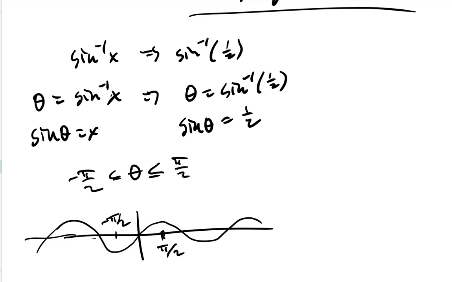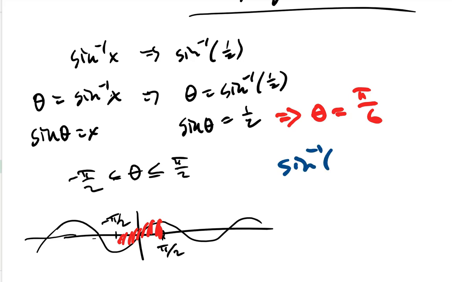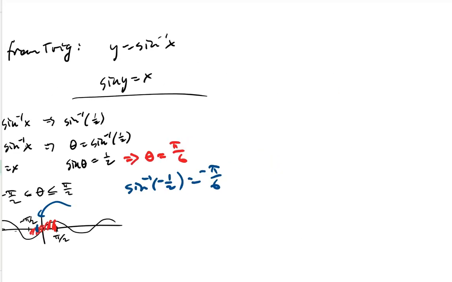So we're only looking at this little area right in here. And so the inverse sine of 1/2, this would mean that theta would have to be pi over 6. The inverse sine of negative 1/2 is negative pi over 6 because that would be this one over here. All right, so I'll let you work that out in trig.